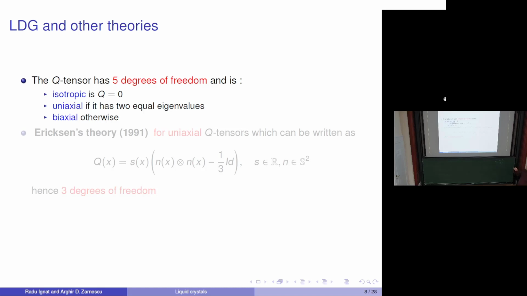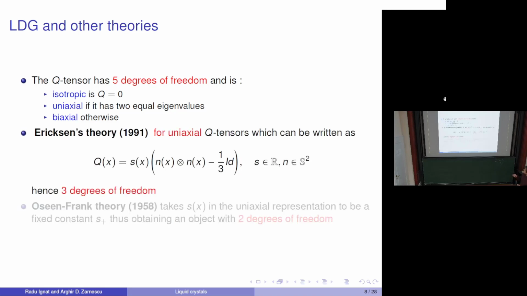This was proposed in the 70s. It is very popular among physicists, but cumbersome to use. You'll see that it produces messy-looking equations, even in the simplest case. And then Ericksen proposed a simplification.